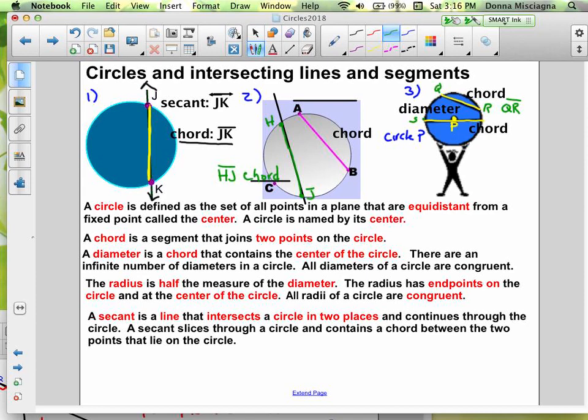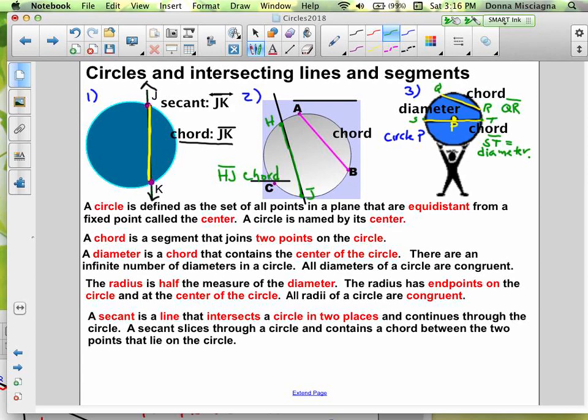S and T. So that chord ST is a diameter. A diameter is a chord that contains the center of the circle. There are an infinite number of diameters in a circle. All diameters of a circle are congruent.